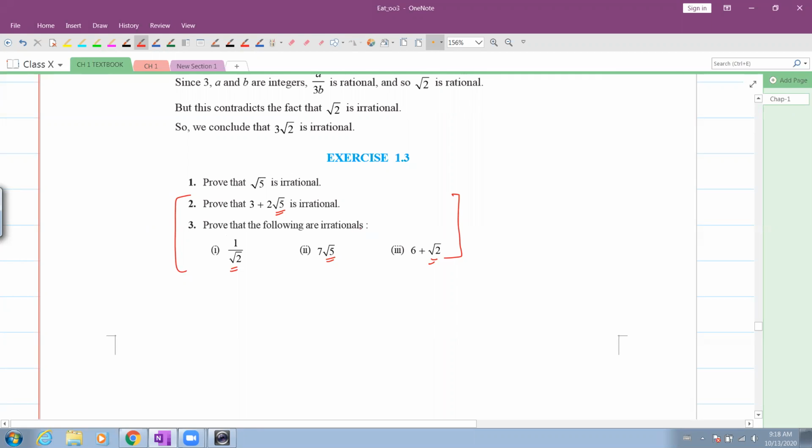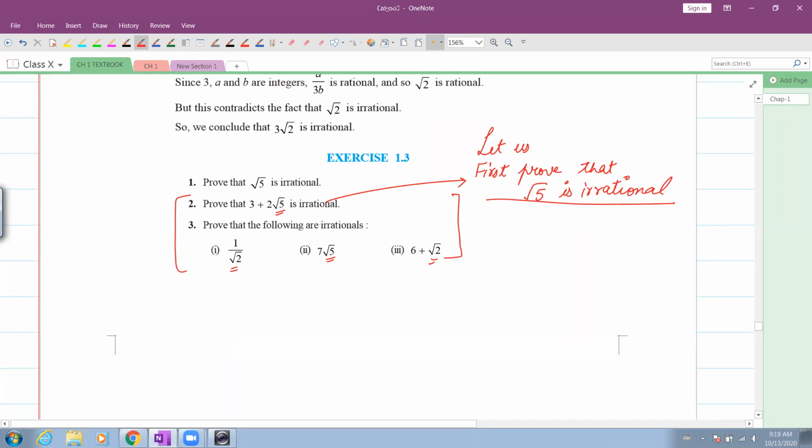You will first of all prove that the irrational part contained here is irrational. अगर आपको ये प्रूव करना है, फॉर एग्जाम्पल आपको क्वेश्चन 2 करना है, तो अगर ये आता है 3 मार्क्स में या 4 मार्क्स में, तो आप सबसे पहले ये प्रूव करोगे. First of all, you're going to prove that root 5 is irrational.